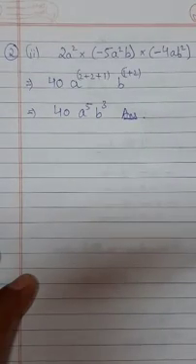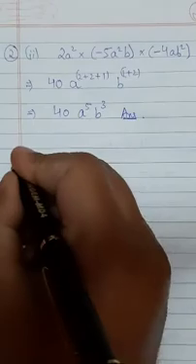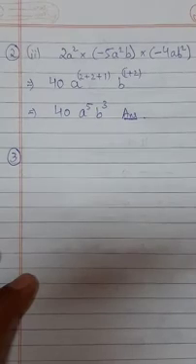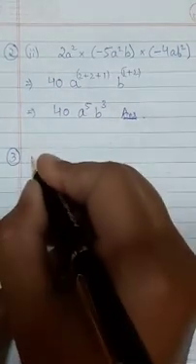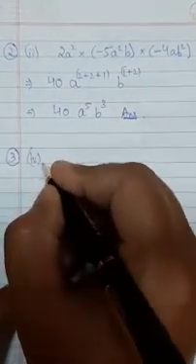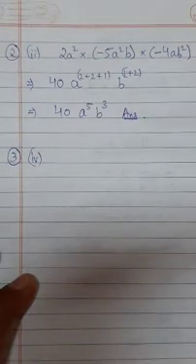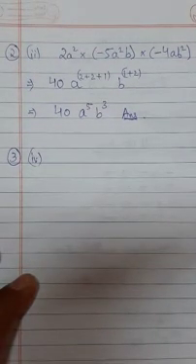So now we can continue with question number 3. In question number 3, there are 5 parts, out of which let's discuss part number 4. They are saying we have to multiply the given expression by a monomial.